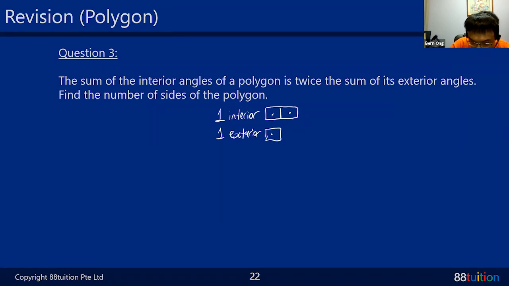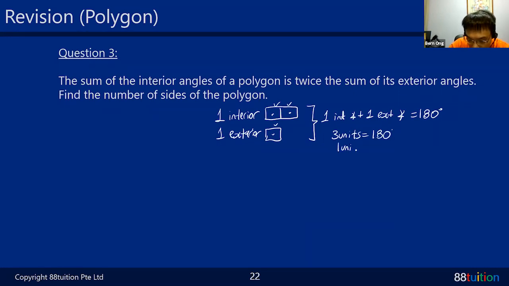Just now I did say one interior angle plus one exterior angle equals 180 degrees. So how many units are there here? 3. So 3 units is equal to 180. 1 unit will be 180 divided by 3, that will be 60 degrees. That is, one exterior angle is 60 degrees.